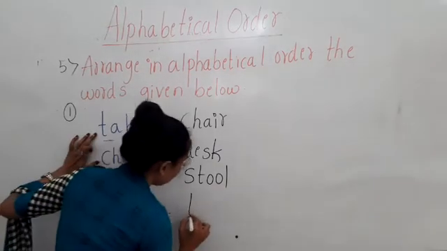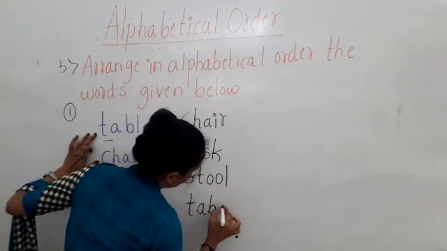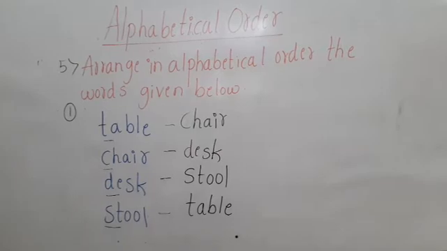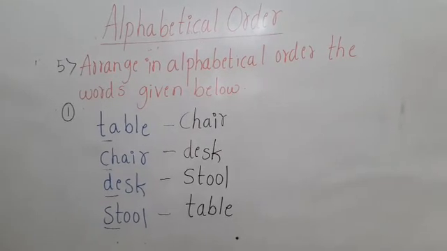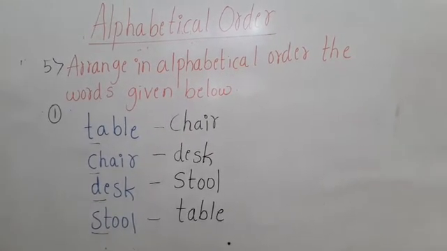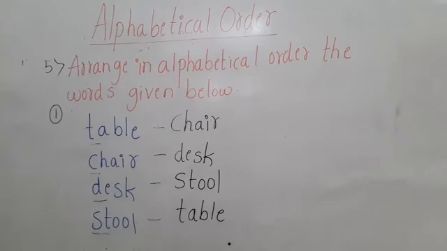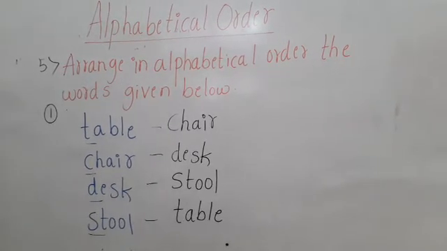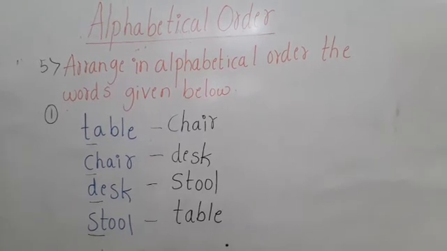T. So what we have to write here? Table. So like this, we have to arrange the words in alphabetical order. Okay. Always the words are arranged with the letters they start with.